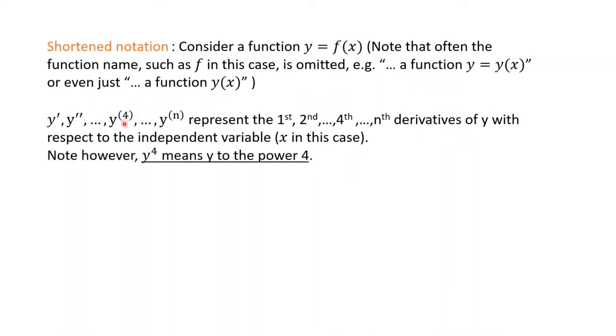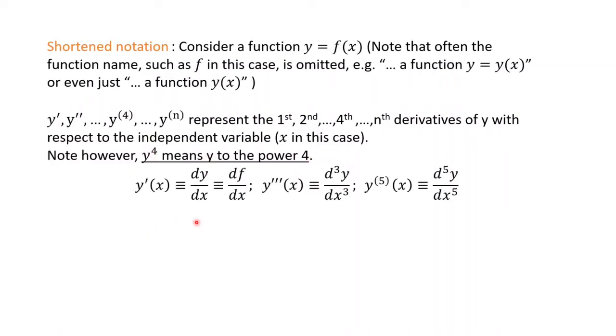And you have to put the brackets, because if you don't put the brackets, then it means y to the power 4. So here are a couple of ways to write the same thing. y prime of x is equal to dy/dx, the same as df/dx, or f prime of x if it has been specified that the function name is f. And y triple prime is the third derivative, and y bracket 5 would be the 5th order derivative.